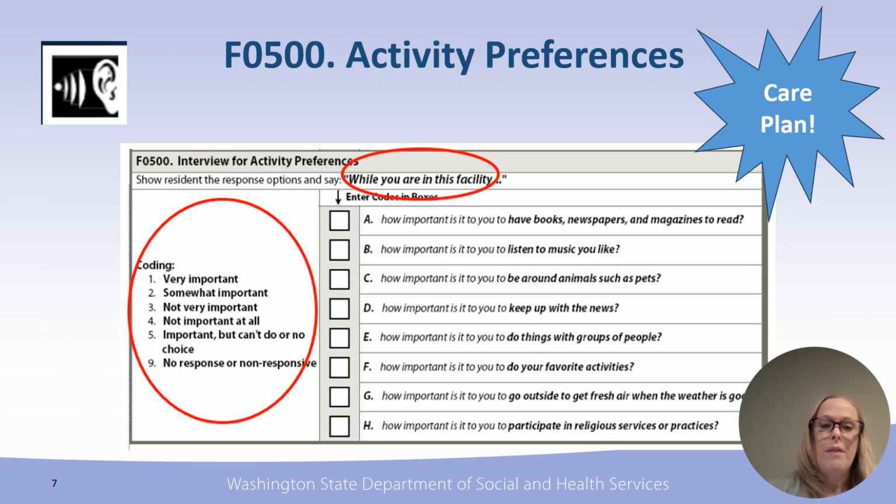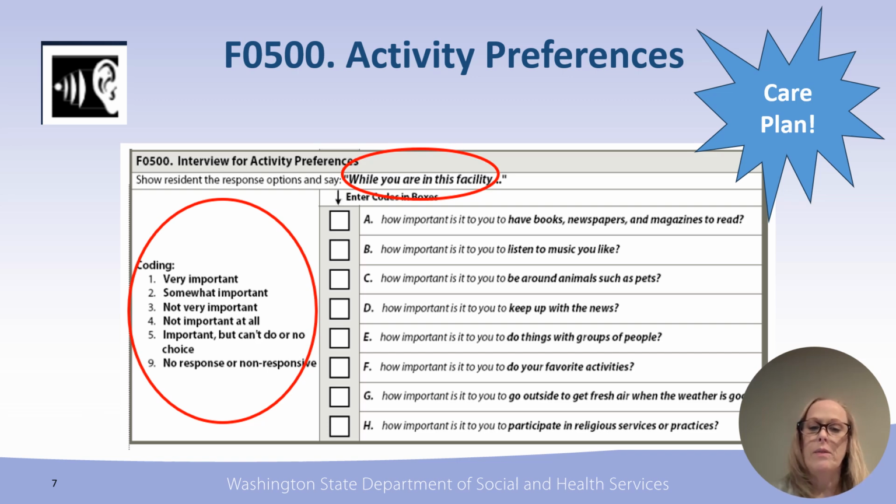So F0500, interview for activity preferences. Before we did the daily routines; now we're doing the activities. Again, you will ask these questions with the preference while you are at this facility.